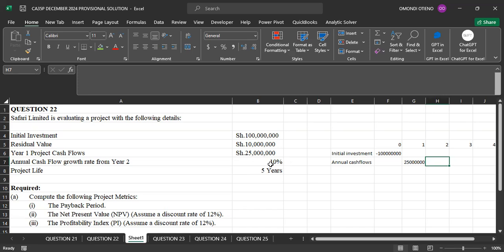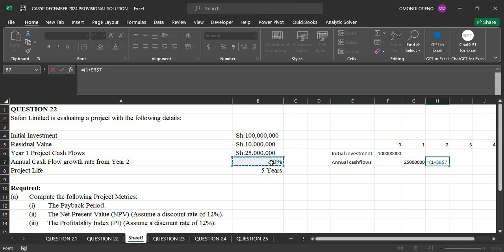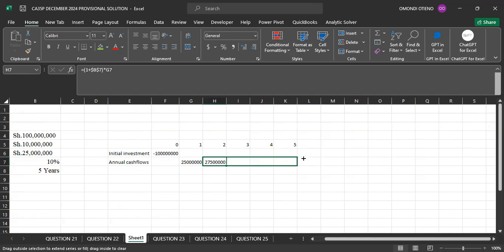So what are we going to do? You simply take one, that is representing 100%, we add 10%, which we need to fully lock. We close our bracket, then you multiply by the previous year's cash inflow. If that is done, then automatically you'll be able to fill it to year 5 to get the cash inflows.